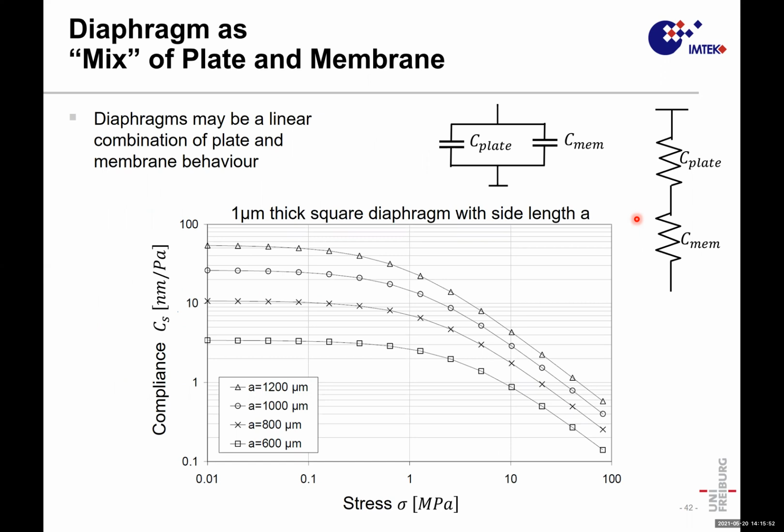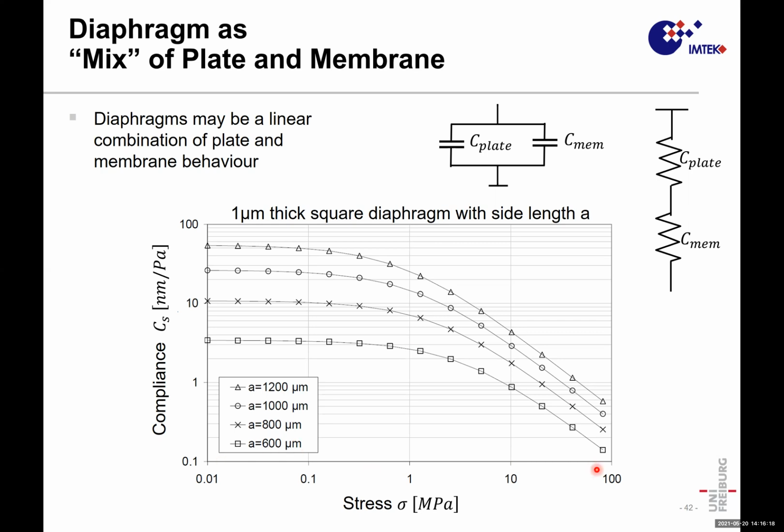So typically we have a mixed behavior of a diaphragm. We have a little bit of plate behavior and a little bit of membrane behavior. This is a membrane, in this case of 1 micrometer thickness. Okay, this was a simulation for a square membrane with different sizes and different stress in our material.